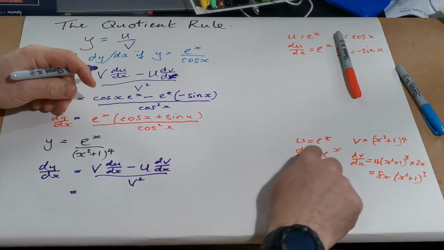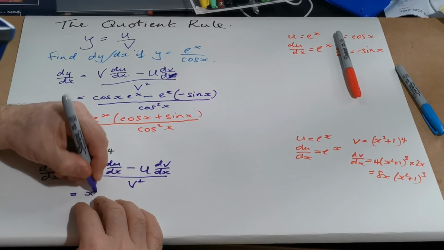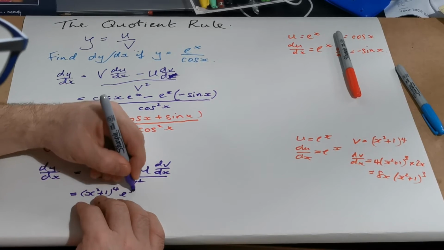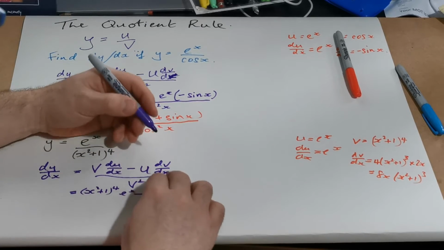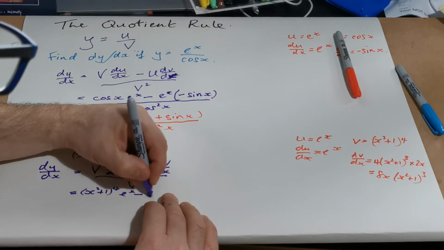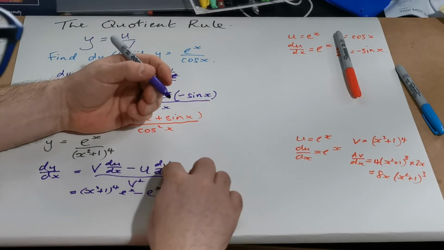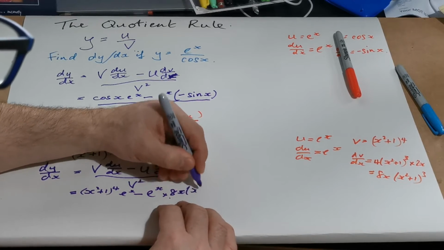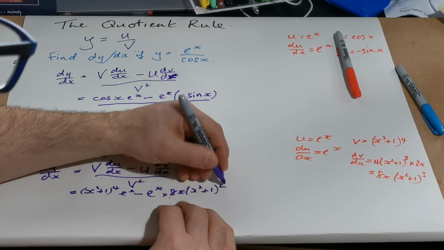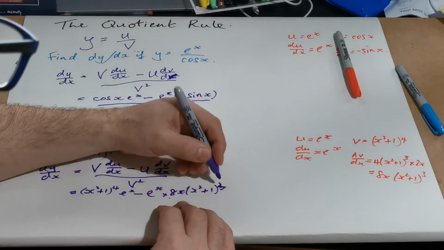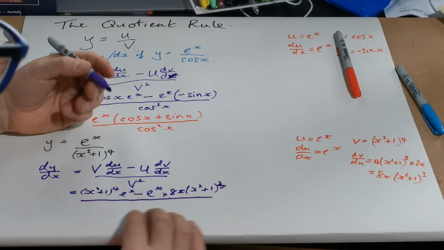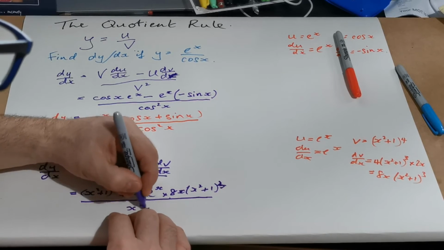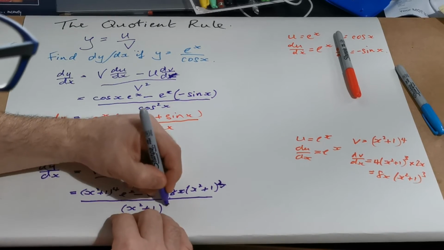So let's substitute our bits in. v is x squared plus 1 to the 4. du by dx is e to the x, minus u, which is e to the x, times the differential dv by dx, 8x times x squared plus 1 to the 3, all over v squared, which is going to be x squared plus 1 to the 8.